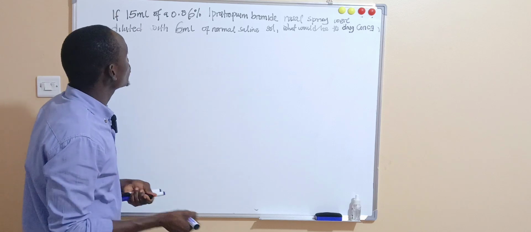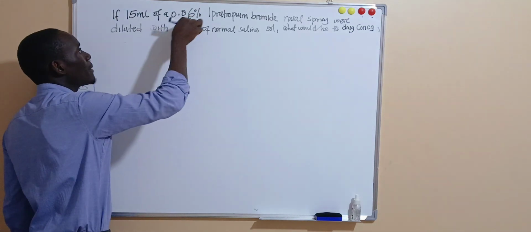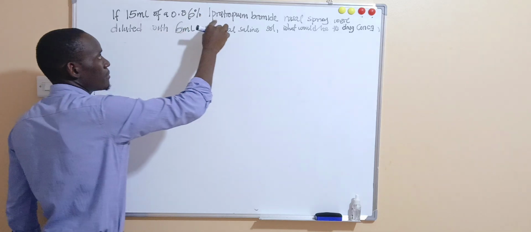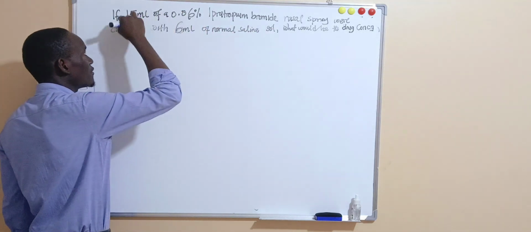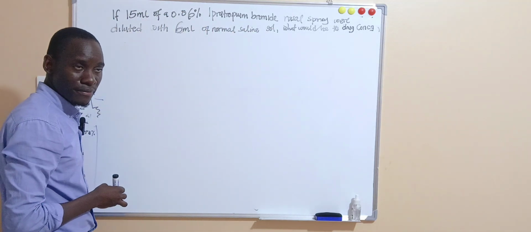So we are going to begin by obtaining the amount of ipratropium bromide in 15 mils.